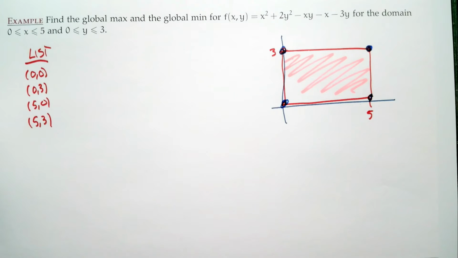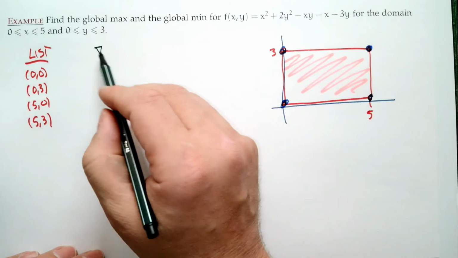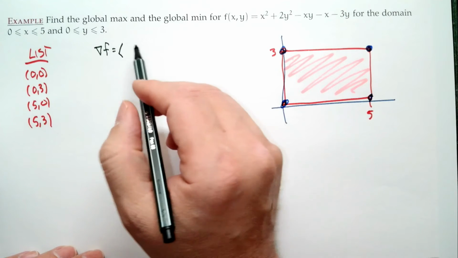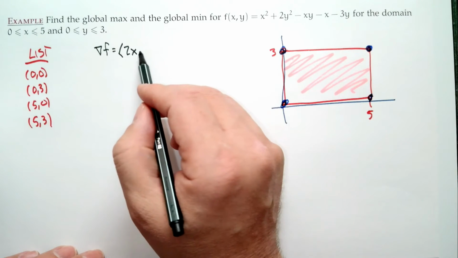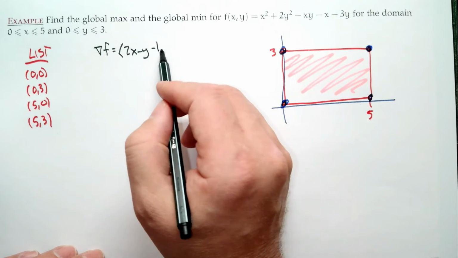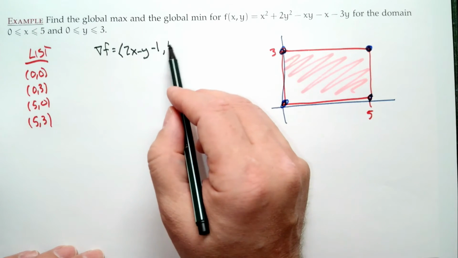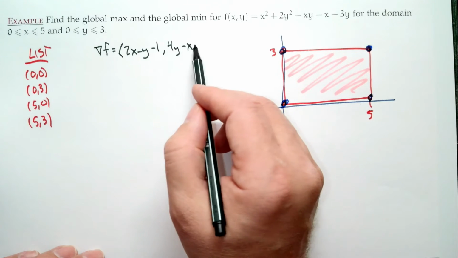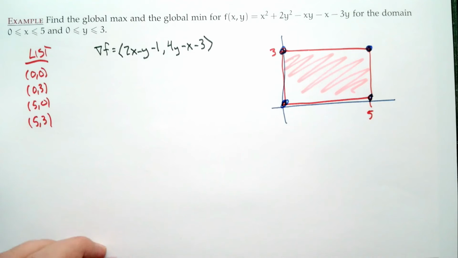So the way we handle the interior is the gradient. And so we take our gradient. So let's do that. Gradient of f, that's 2x minus y minus 1, comma, and then 4y minus x minus 3. Now, never undefined this gradient.